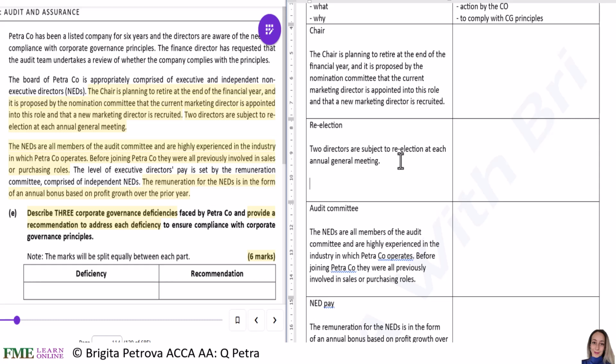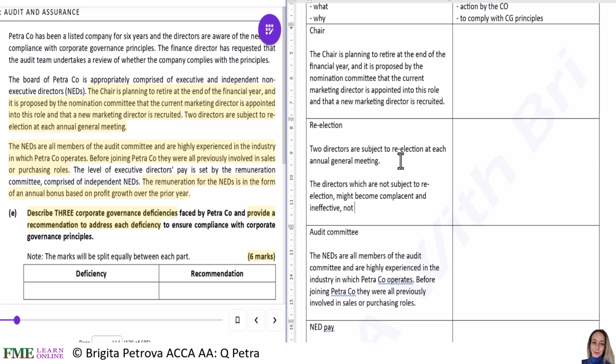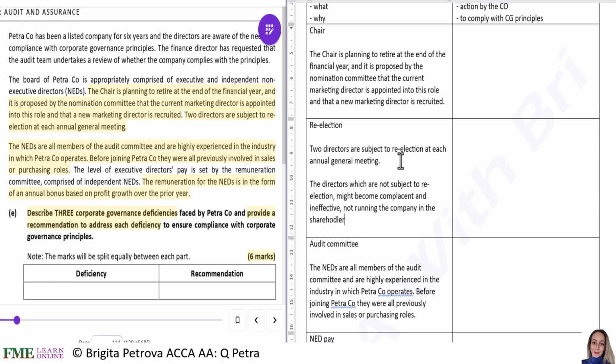So we can say that the directors which are not subject to re-election might become complacent and ineffective, not running the company in the shareholders' best interest. Or something along those lines, yes?